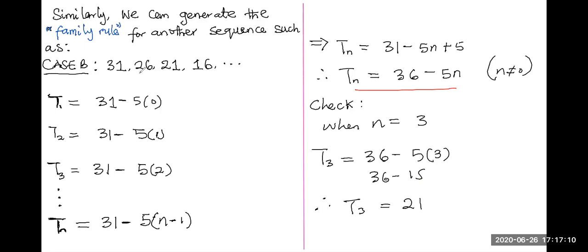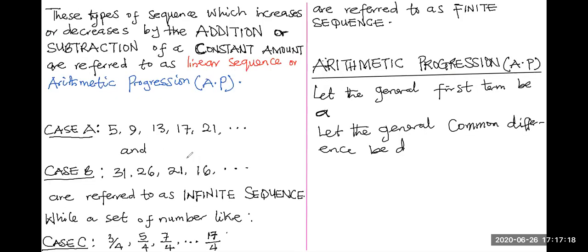So they have different common differences and different first terms, which are 5 and 31 respectively, which gave rise to the different rules applicable to that particular family in case A and the set of numbers in case B.